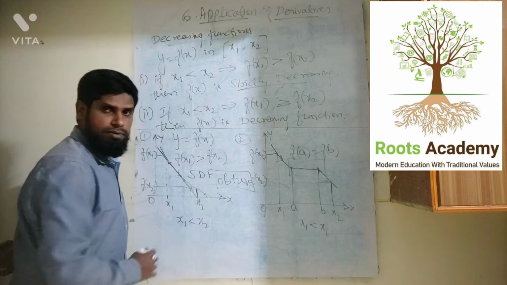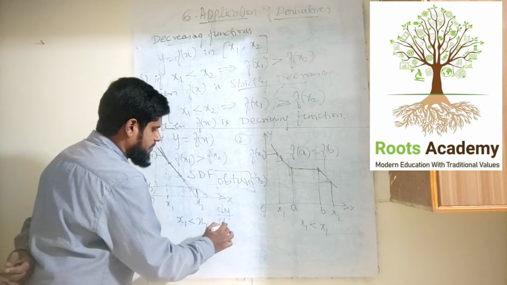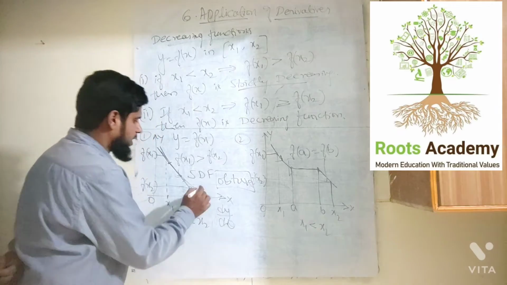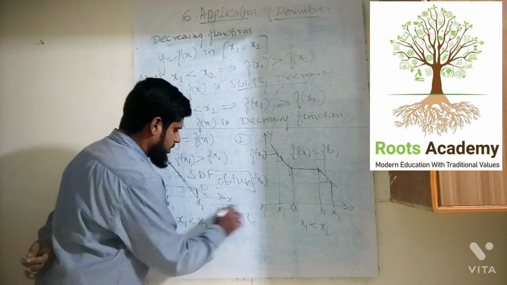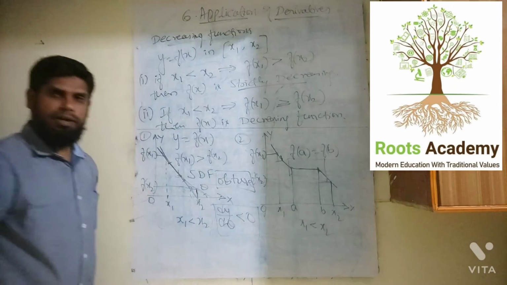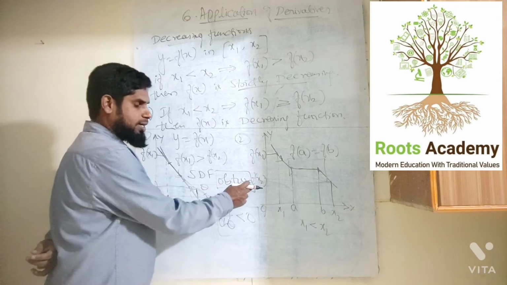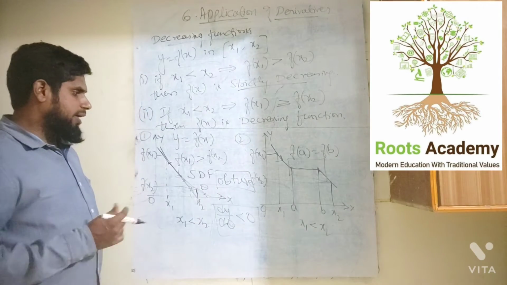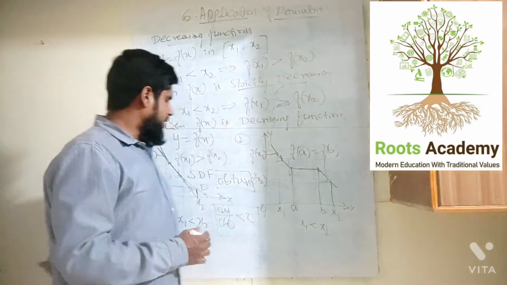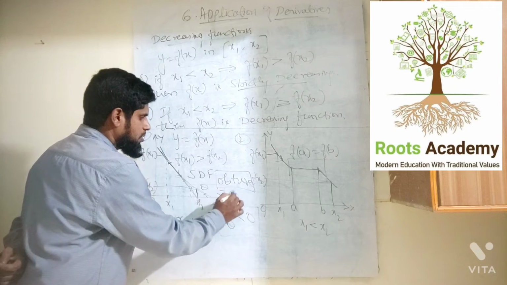So here, its derivative, that is dy by d theta, where theta is the angle here, is less than 0. dy by d theta is less than 0 because I said it is an obtuse angle. And we studied in trigonometry that tan theta, that is dy by dx, is the tangent.